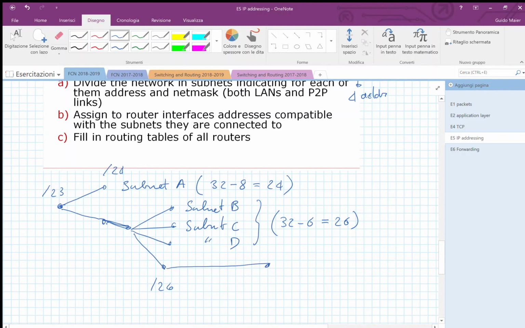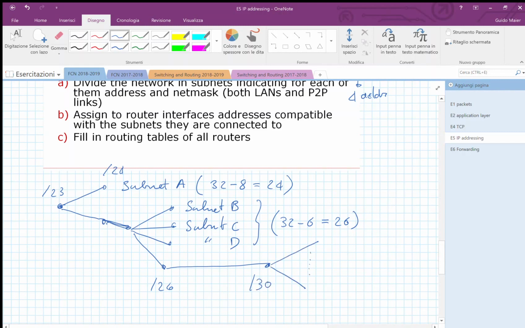Then there is this remaining block, and we can split it into blocks. Here we can do basically different solutions. One is to split it with another step of subnetting and then a further step of subnetting. Otherwise, we can also decide to go to /30.